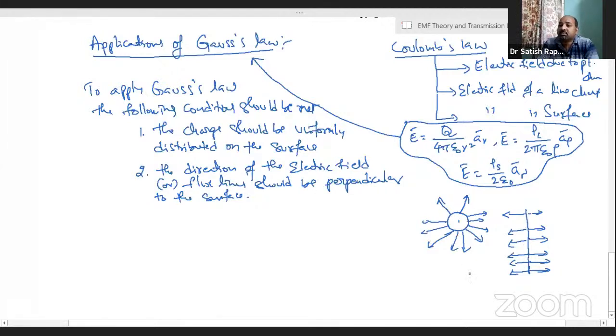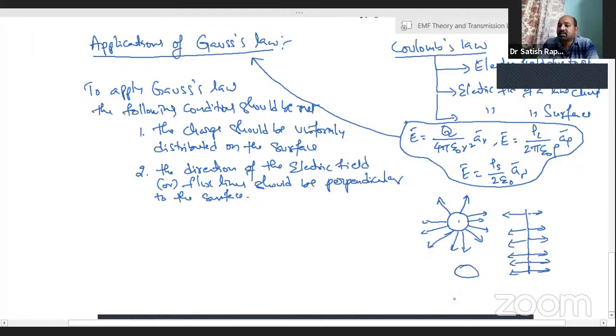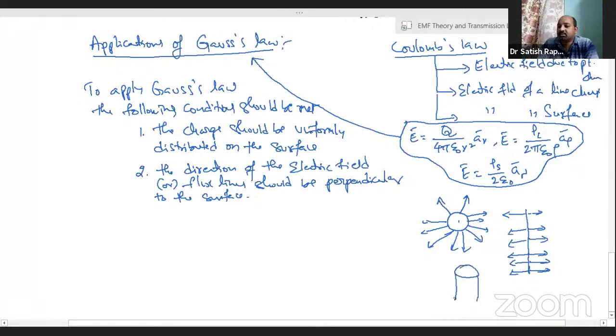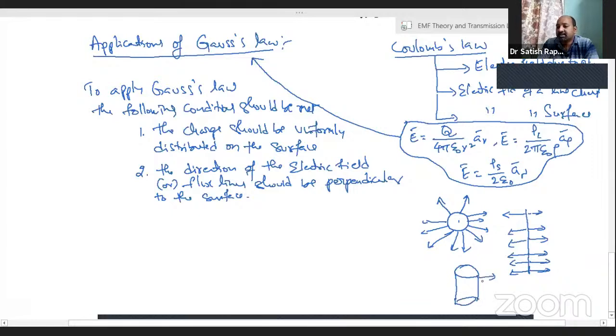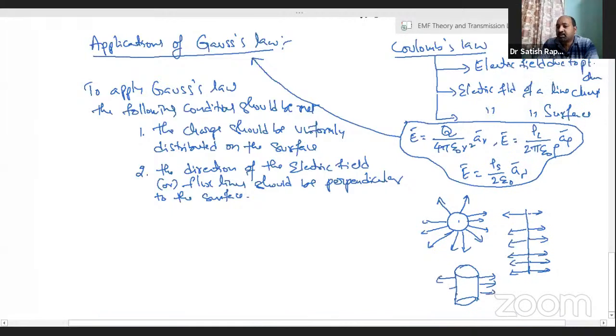Even if you consider a cylindrical surface, the electric field should be normal to the surface. So these are the two conditions.